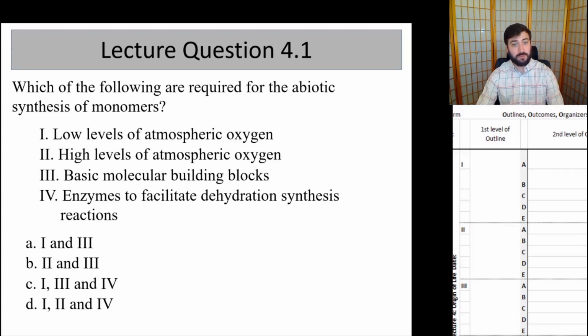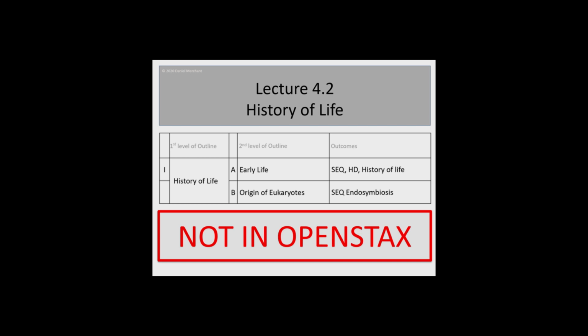Low levels of atmospheric oxygen, high levels of atmospheric oxygen, basic molecular building blocks, enzymes to facilitate dehydration synthesis reactions. Well, you can figure that out before lecture 4.2, which is the next one, and that'll be covering the history of life from early life to the origin of eukaryotes.